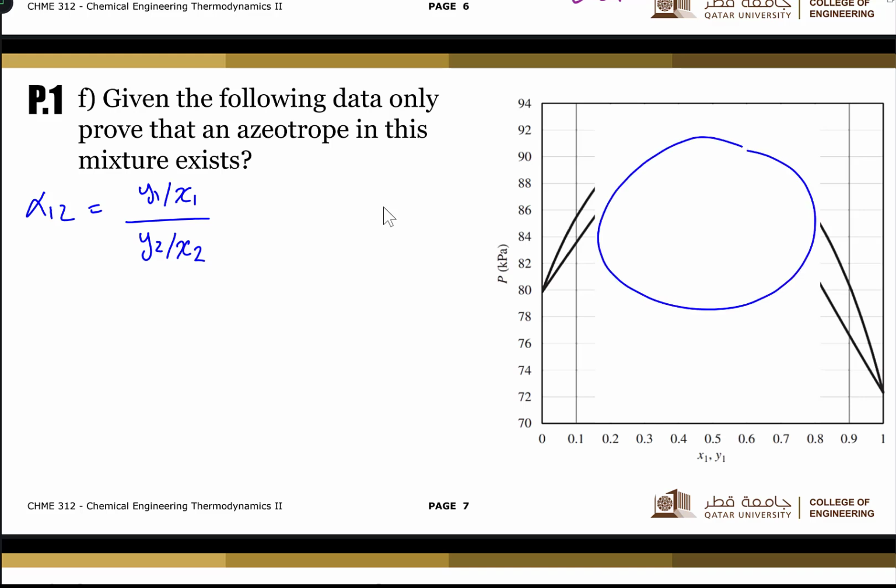But here, we're missing that data. I don't know what y1 and x1 are. So we need to show that an azeotrope exists using this expression. What other thing did we do last lecture? If this was modified Raoult's law, this equals gamma 1 P1 sat divided by gamma 2 P2 sat.